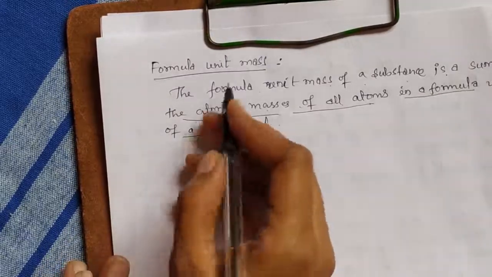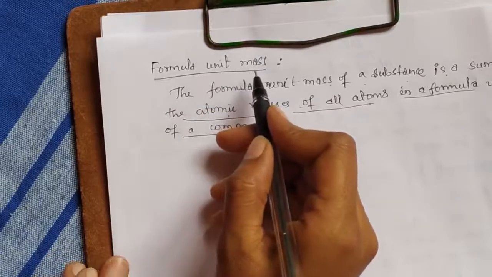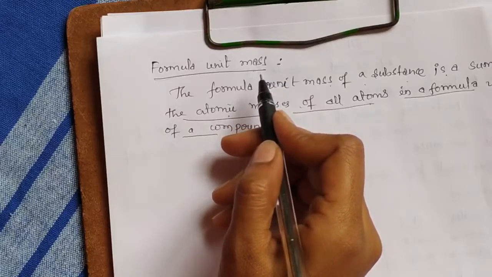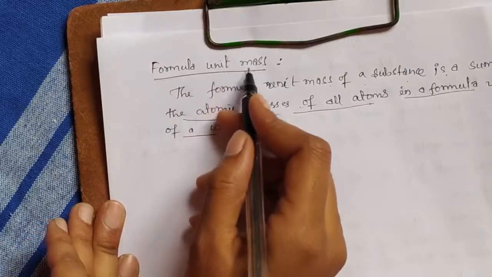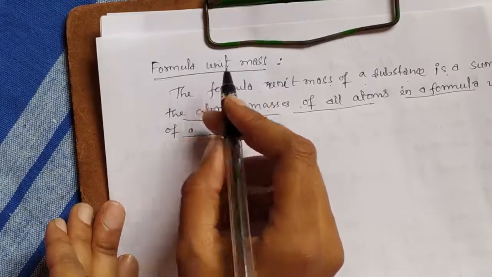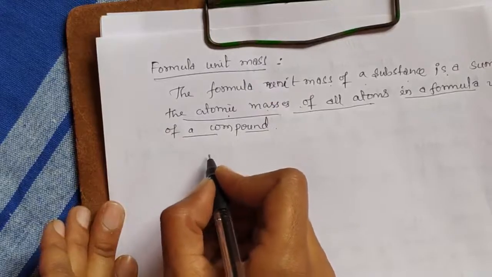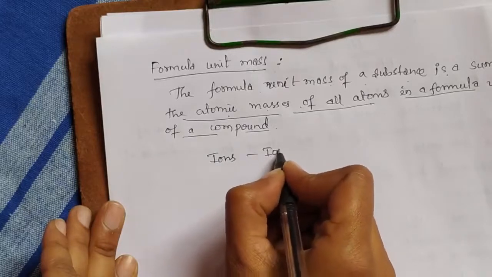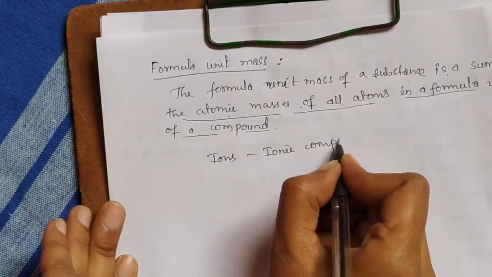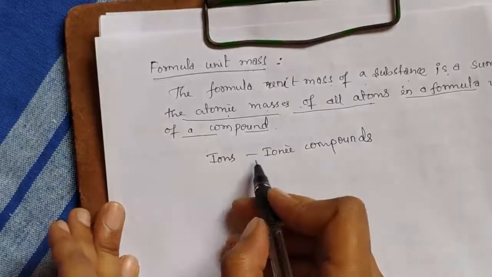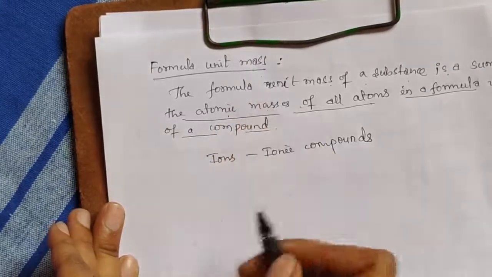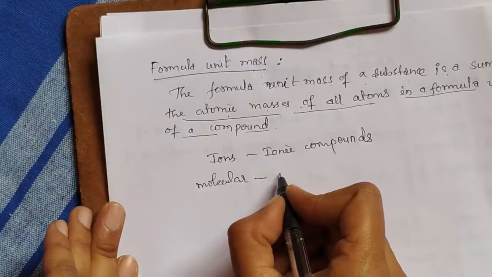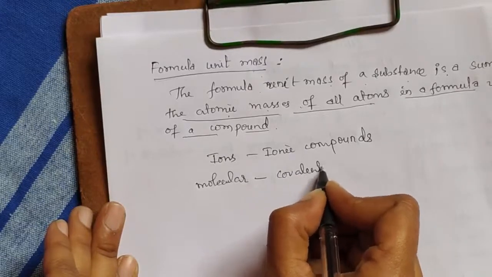Okay, children, the formula unit mass is calculated in the same way as we calculate the molecular mass. But the only difference is this formula unit mass is used for those substances whose constituent particles are ions. Or we can say, in case of ionic compounds, we use formula unit mass, rather than molecular mass. Molecular mass is used in case of covalent compounds.